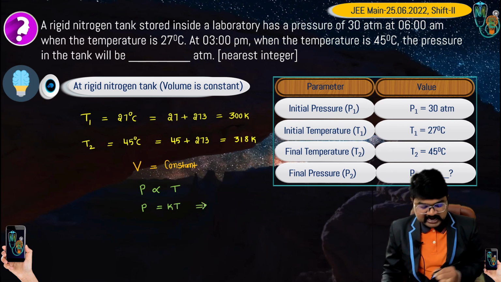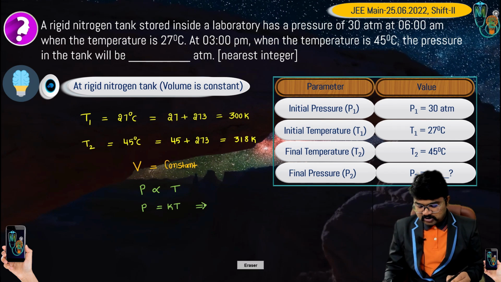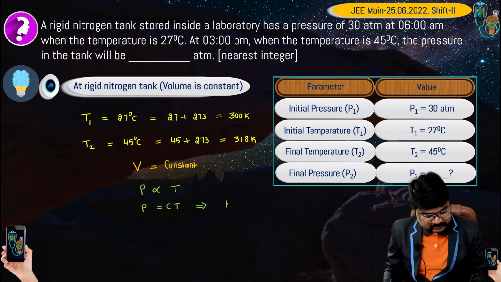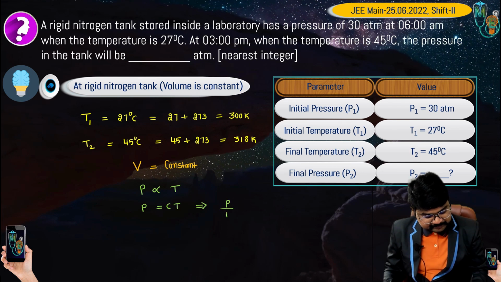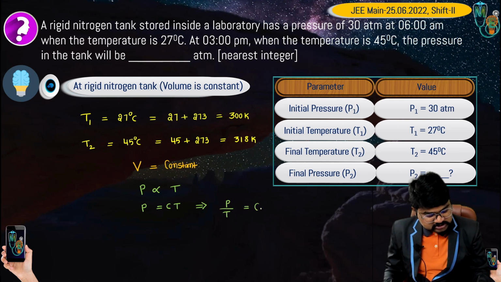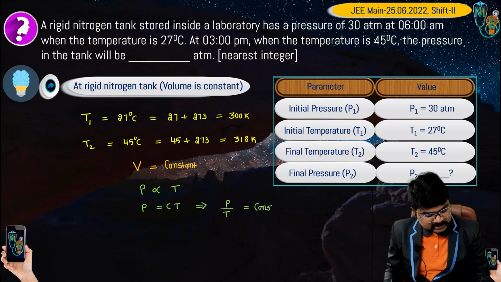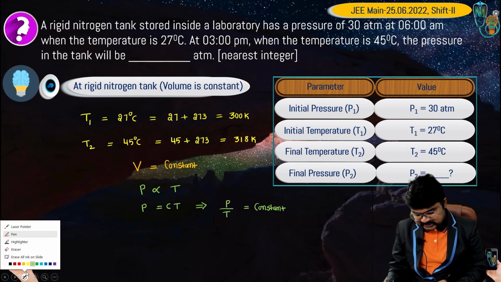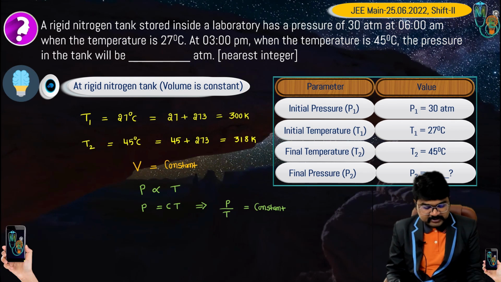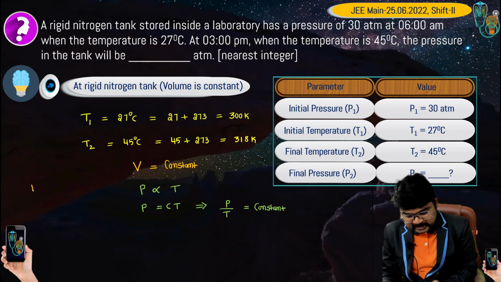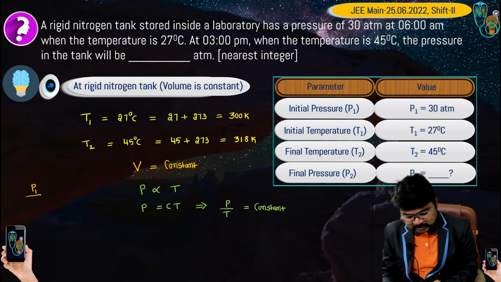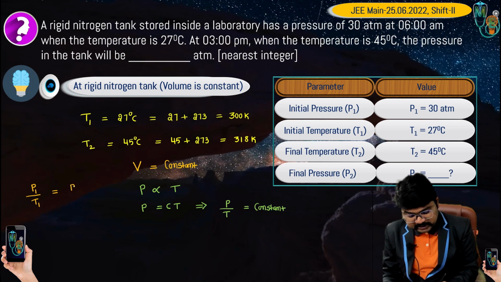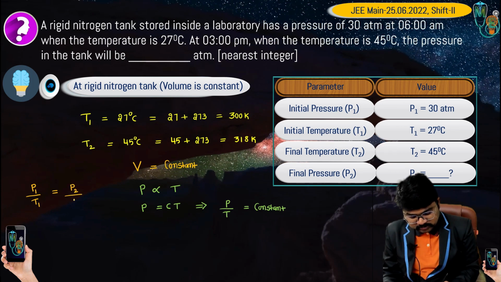This is the constant in thermodynamics. P by T equal to constant. Then I can directly write here P1 by T1 equals to P2 by T2.